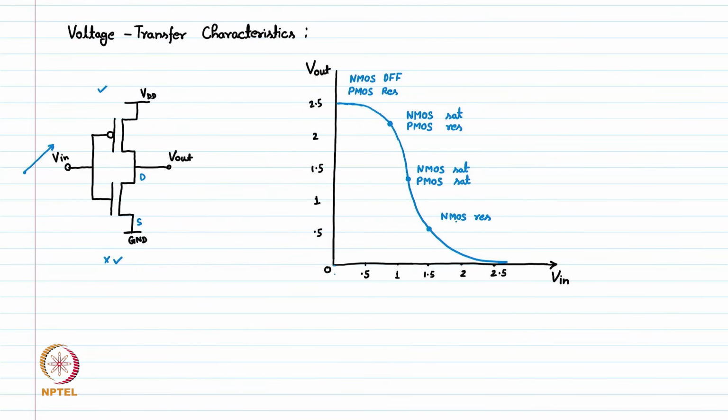So, NMOS will enter into resistive region, and PMOS will enter into saturation region, because the PMOS drain to source voltage keeps on increasing. So, it will enter where VDS is greater than VGS minus VT. This is the point where PMOS enters into saturation, and finally at higher values our NMOS will be in resistive region and PMOS will be off.